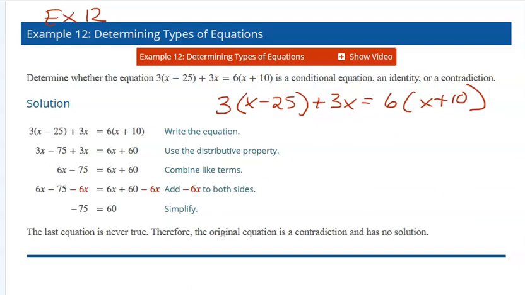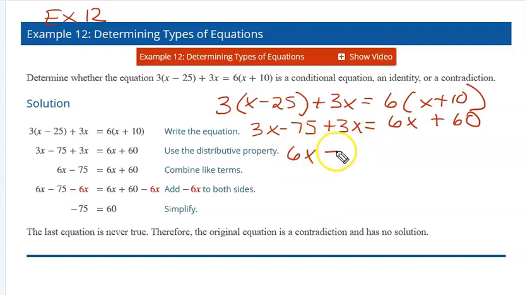For example 12, we've written it out. We're going to clear parentheses. 3x minus 75 plus 3x equals 6x plus 60. Group like terms, we get 6x minus 75 equals 6x plus 60.